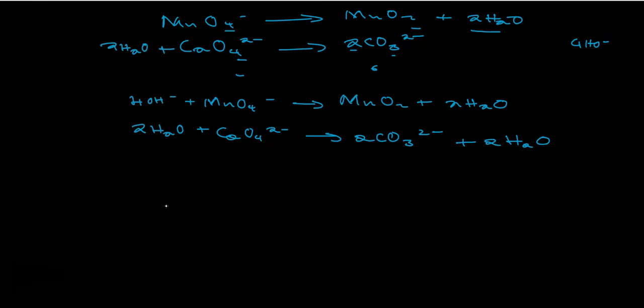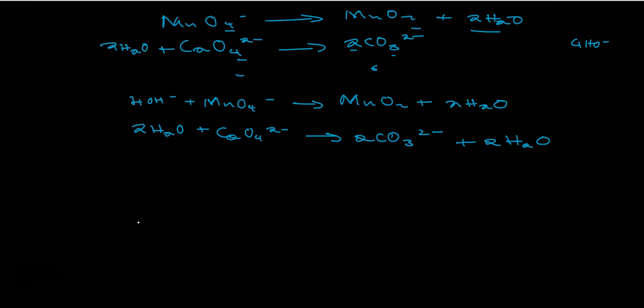After doing this, what else are we going to do? Is to balance electrons. So let's try now to balance electrons. As you can see here, how many electrons do we have? Here we have 4 negatives.